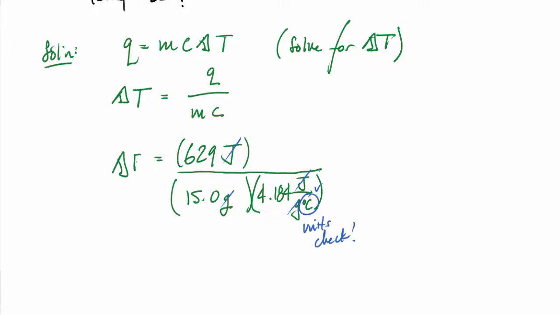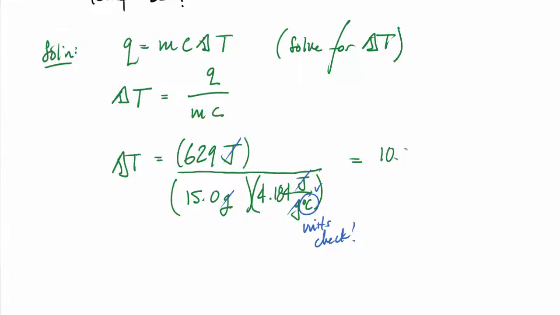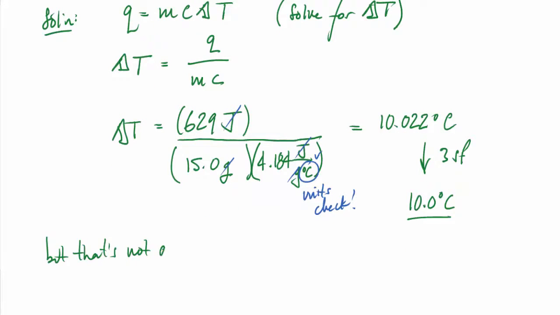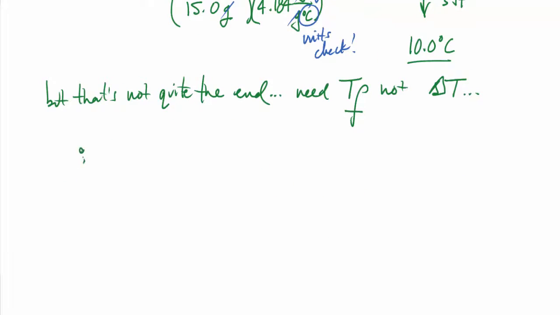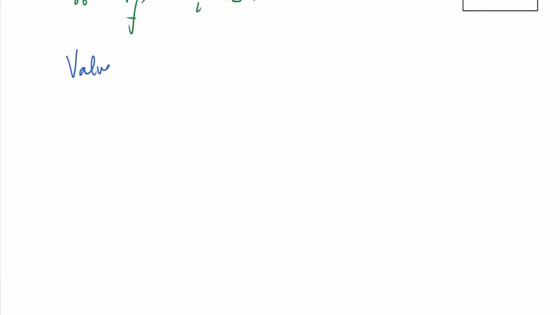And we just get our calculator and calculate this one. Make sure you multiply and divide properly, divide everything on the bottom, and you get 10.022 degrees Celsius, or 10 degrees Celsius to 3 sig figs. But that's not the final temperature, that's delta T. Remember we started at 20. So the final temperature is the initial one plus the change, 30 degrees Celsius.